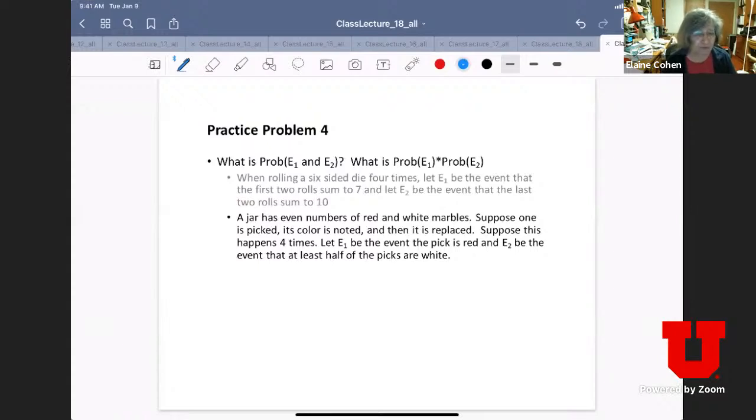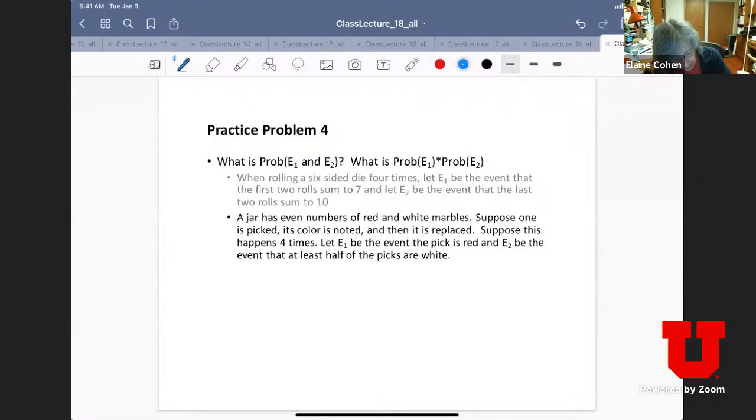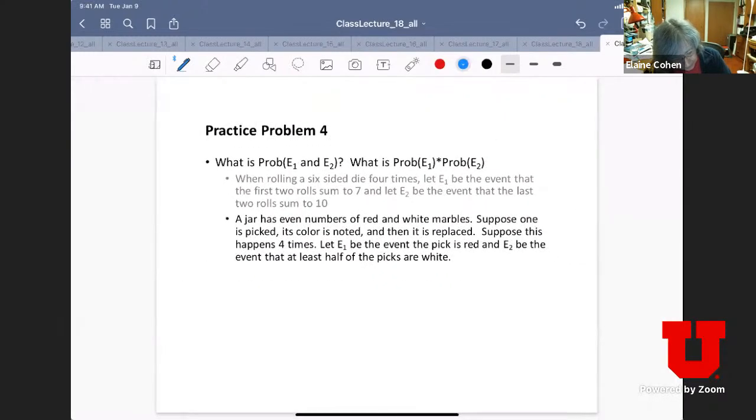It's our jar with red and white marbles. So E1 is the event that the first pick is red. E2 is the event that at least half the picks are white. So let's look at that again. If E1 is the event that the first pick is red, then we're looking at the probability of E1.